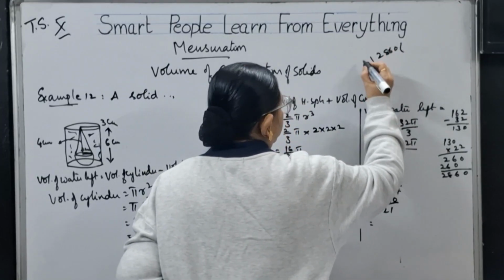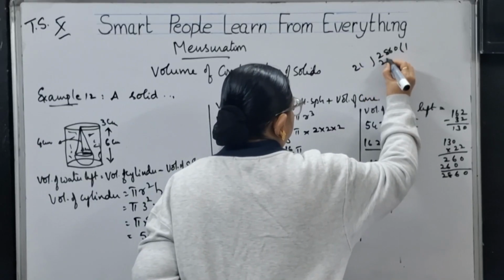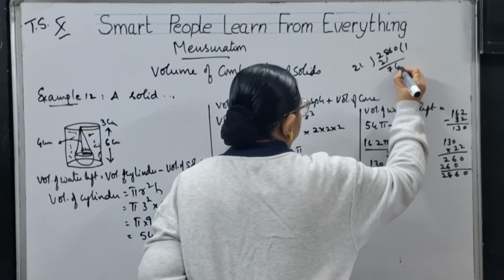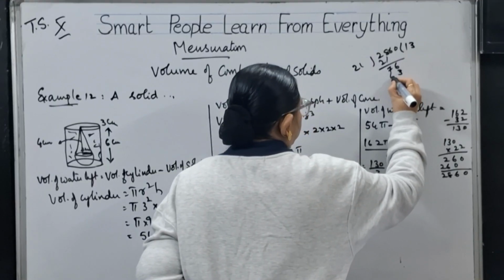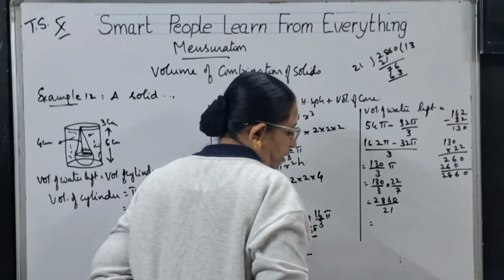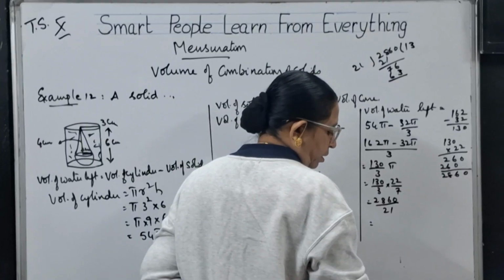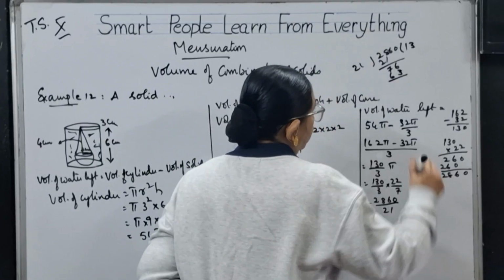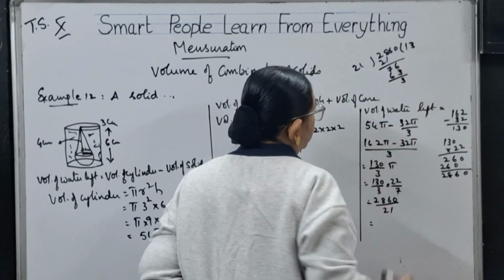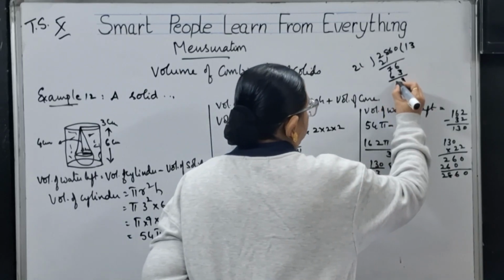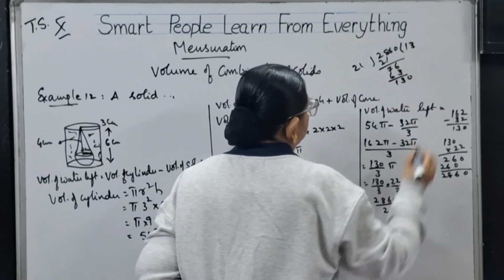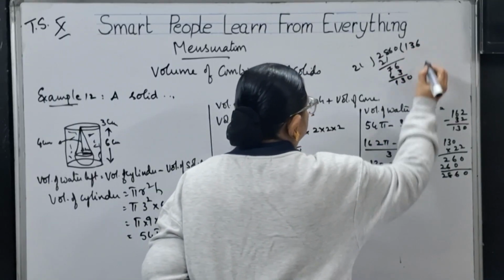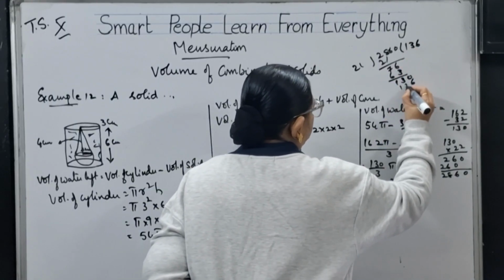So 2860 by 21. 21 ones are 21, 7, 6. That means 3s are... you can take 3 ones are, 3 twos are. So how much are you getting? 21, 6 minus 3 is 3, and then 1. And then the 6 I already have taken, now I have to take 0. That means 6 ones are, 6 twos are 12.